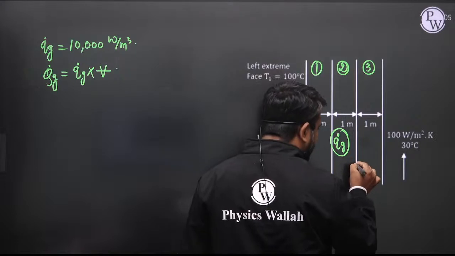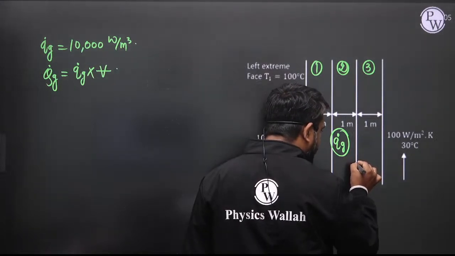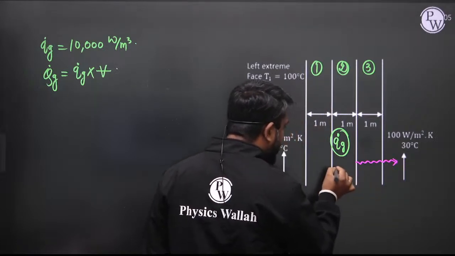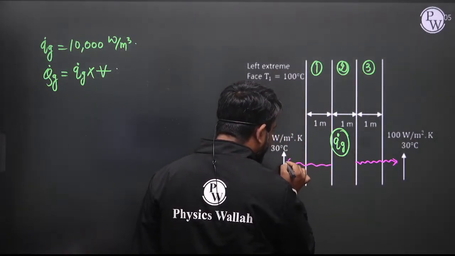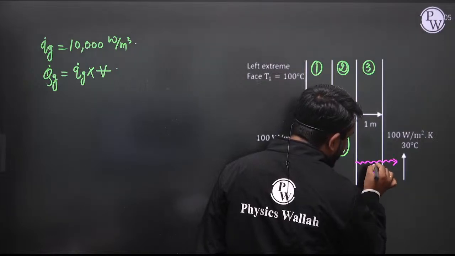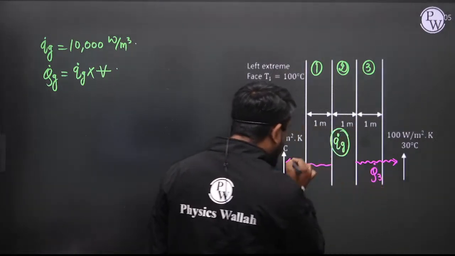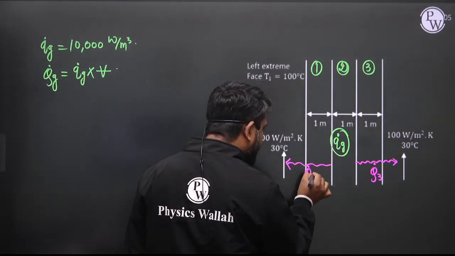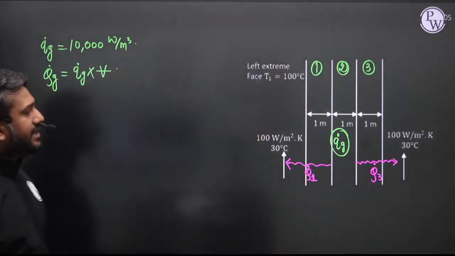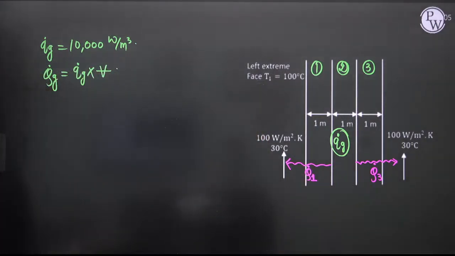Whatever heat generation occurs, some part of it propagates in this direction and some part in that direction. Let us consider that towards slab 1 the heat transfer is Q dot 1, and towards slab 3 the heat transfer is Q dot 3.